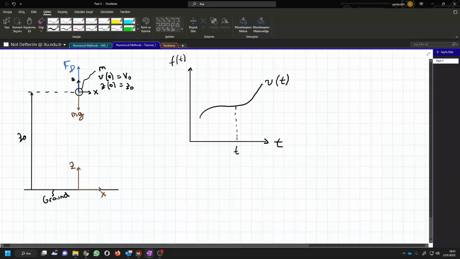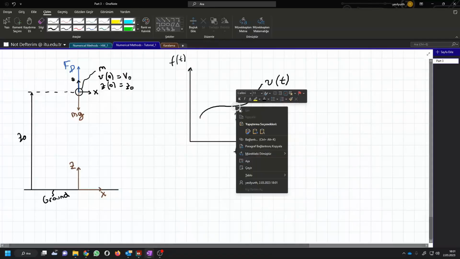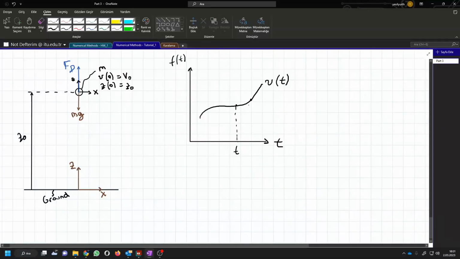So this approximation says that I can calculate the derivative of this function at time t with 2 points, one of which is the value of this function at this point, the other is after this point, after a time lapse of delta t, let's say. Here I have t plus delta t.